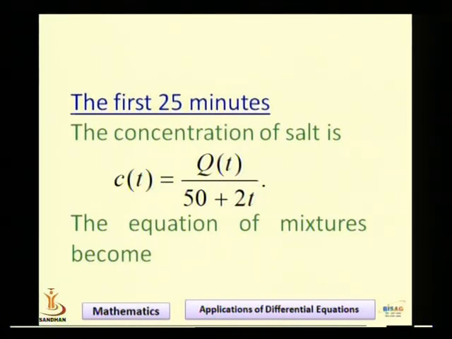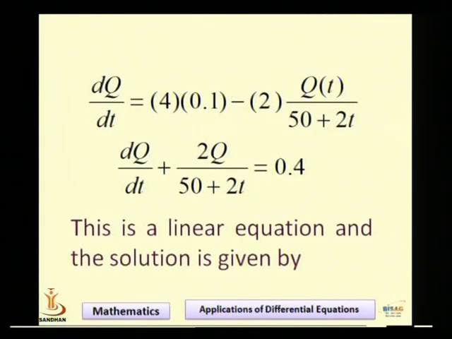So, the concentration of salt is C of t is equal to Q of t divided by 50 plus 2t. C is Q by V of t, that is the formula. Then the equation of mixture becomes dQ by dt equals Ci into Ri.